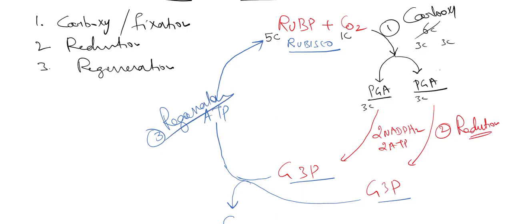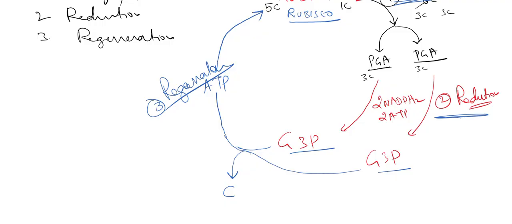Now check, carboxylation is the first step, reduction is the second step, and regeneration is the third step. So if this cycle occurs thrice, and some more thrice, totally I can say 6 turns.